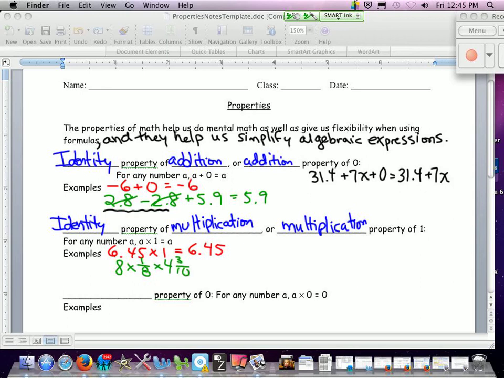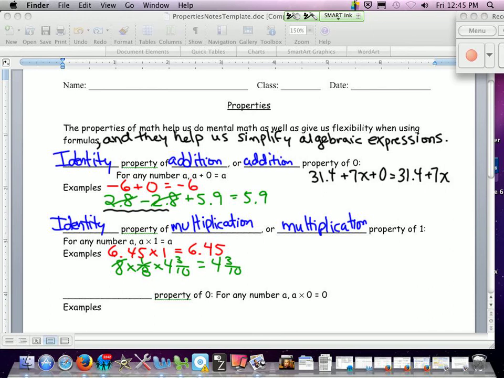Times whatever else, in this case 4 3/10. So when I have a number times its multiplicative inverse or reciprocal, those cancel out, and I just have the other stuff. So the 4 3/10 is all that remains because everything else canceled out.